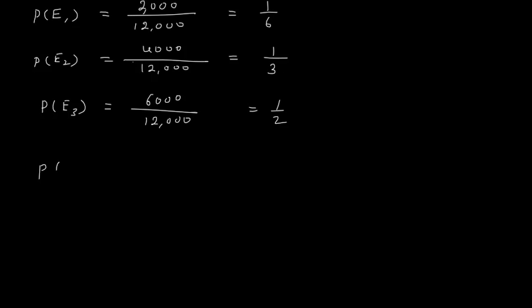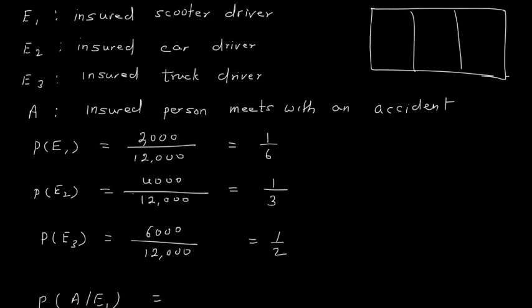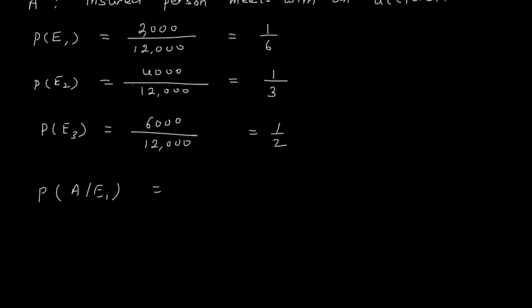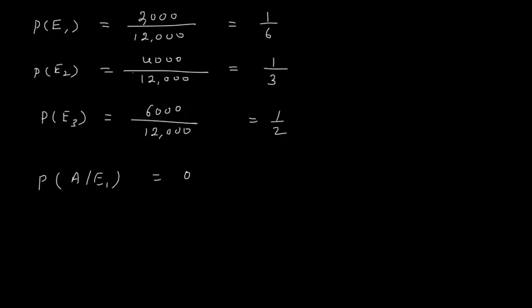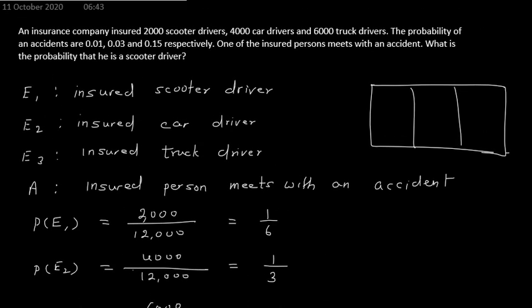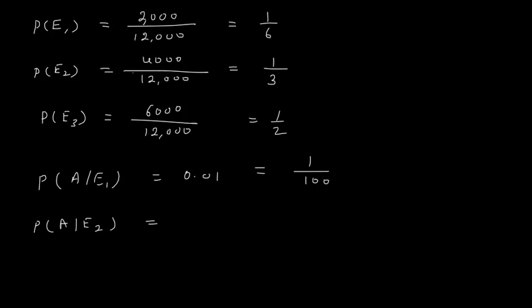Possibility of A by E1. So possibility of A by E1 is given 0.01. That we can say is 1 upon 100. Possibility of A by E2 is given as 0.03, that is 3 divided by 100.